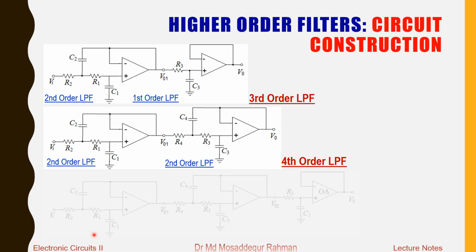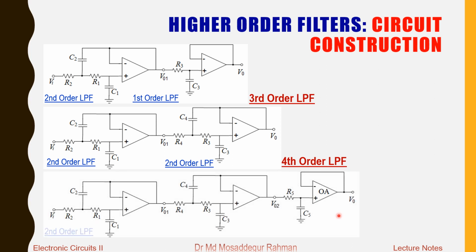Now if we add another first order low pass filter to this fourth order low pass filter, then you get a fifth order low pass filter. So we have two second order low pass filters and then another first order low pass filter, and overall it will be a fifth order low pass filter. This is how you can construct any order of filter circuit that you want.